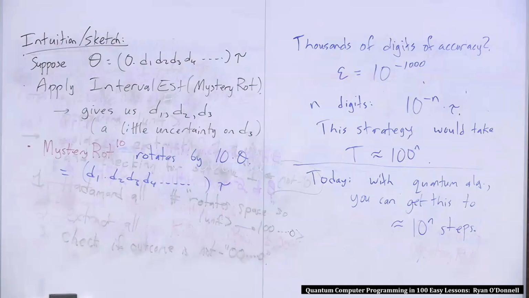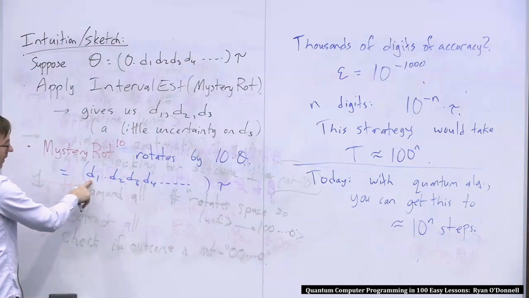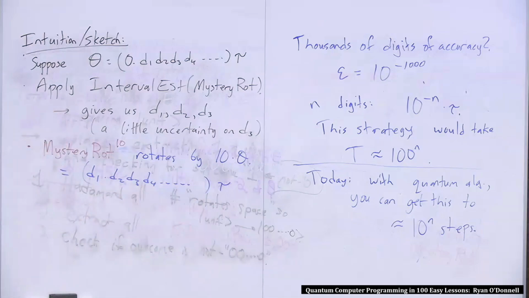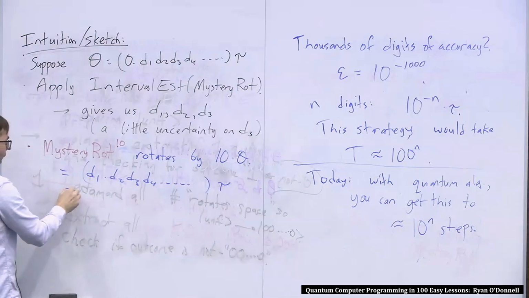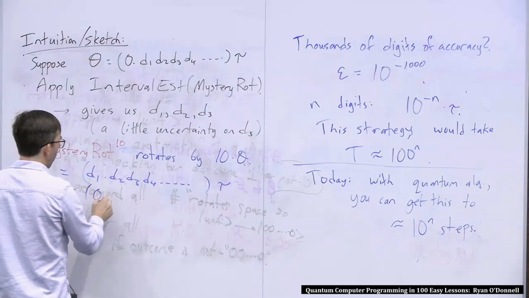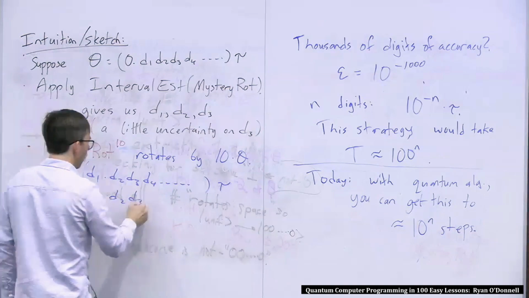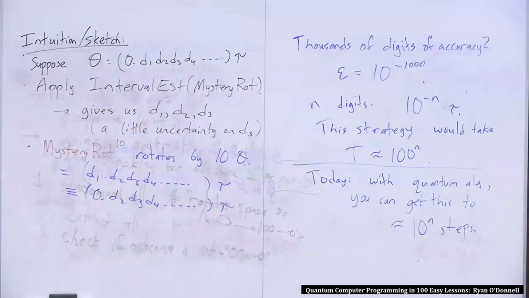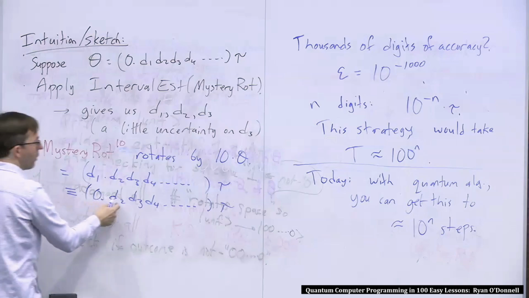But now here's the trick. Maybe this is like 7 or something, or 3. That's like 3 full circles plus this fraction of a circle. So this is the same as 0.d2, d3, d4, dot, dot, dot, dot, tau. If you really rotate by 10 theta, it'll go around the circle like d1 times, and then it'll go like this fractional amount along the circle.